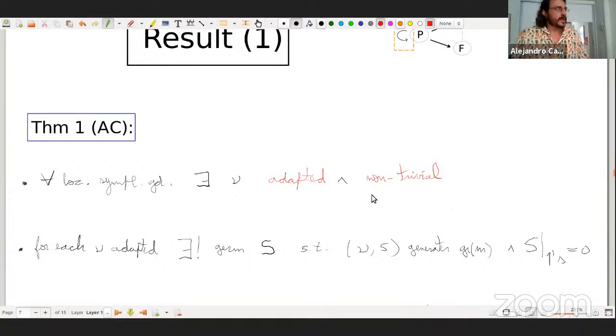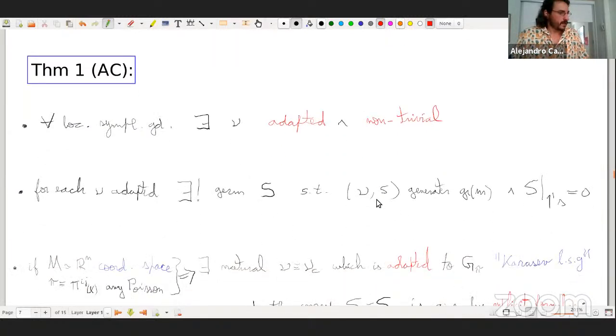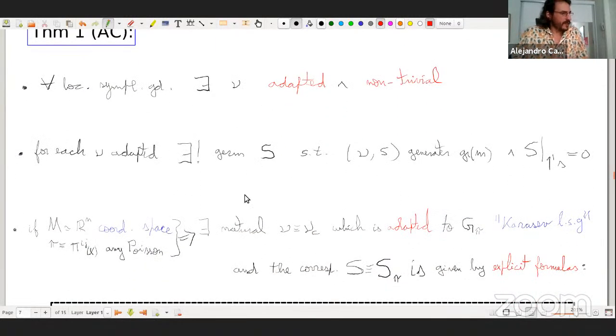And a third part, it makes reference to the coordinate case. Remember that the coordinate case is special for us because it's the one where we are able to compare with the explicit formulas coming from quantization. So here we have this coordinate Poisson manifold.